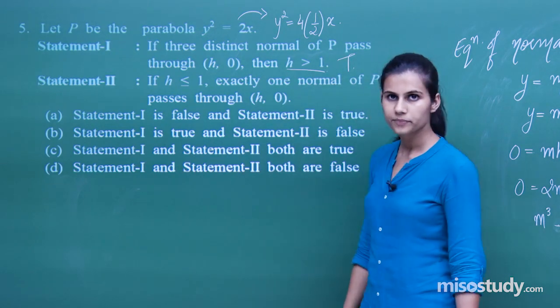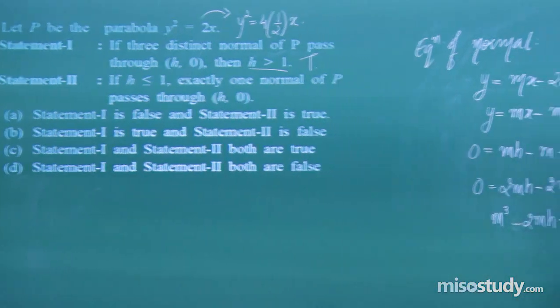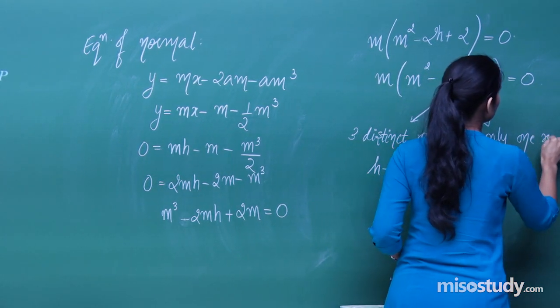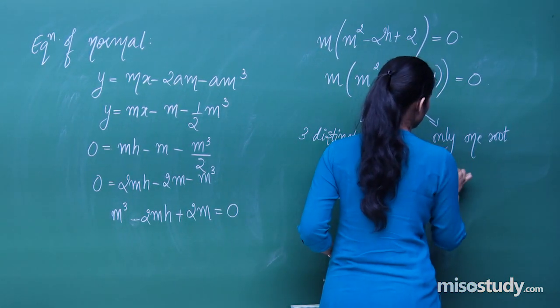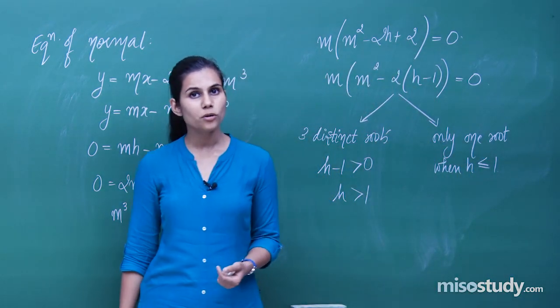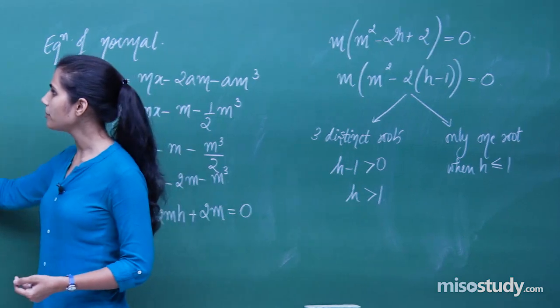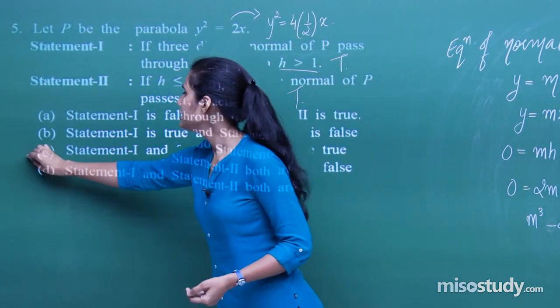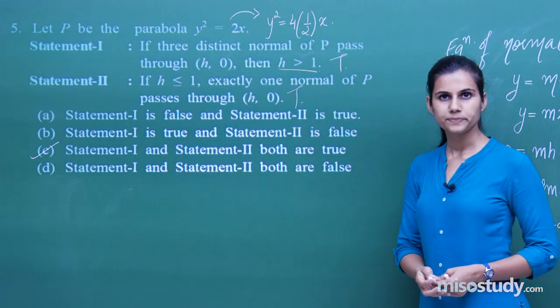This is true. And only one root is going to occur if h is less than equal to 1. That means exactly one normal is going to occur which is going to pass through h comma 0 if h is less than equal to 1. So this is also true.